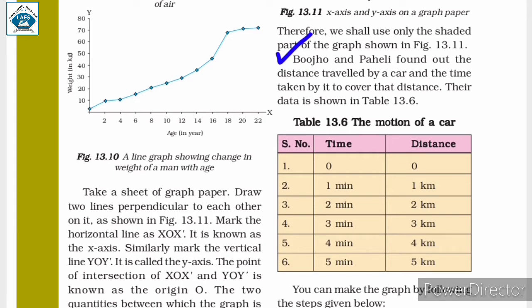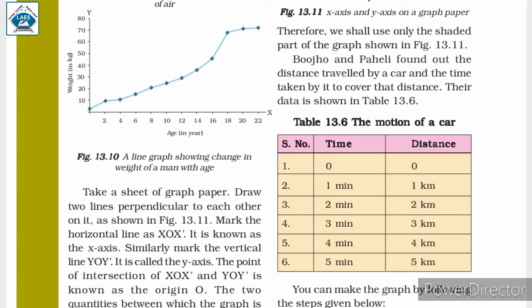Bujo and Paheli found out the distance travelled by a car and the time taken by it to cover that distance. Their data is shown in table 13.6. So here in table 13.6, we are given the motion of a car which was found by Bujo and Paheli. In the first column we are given time and in the second column the distance travelled by that car.